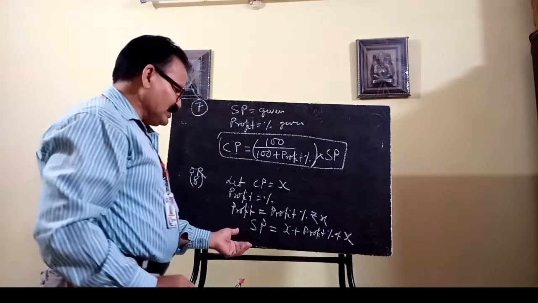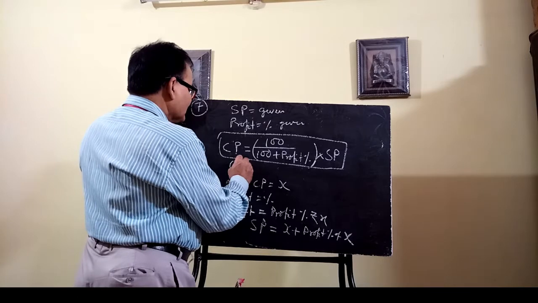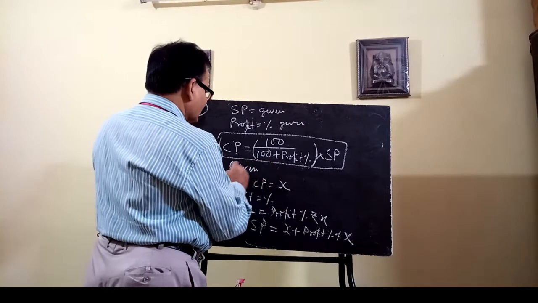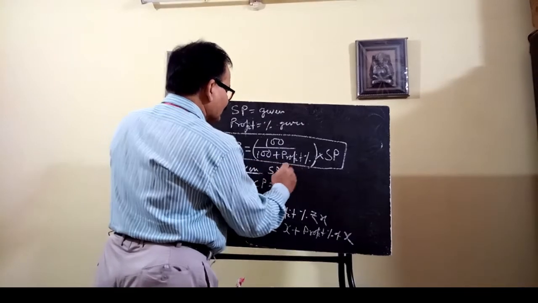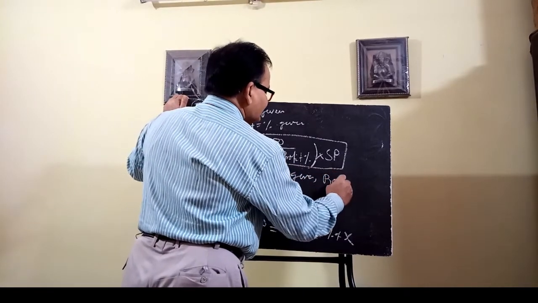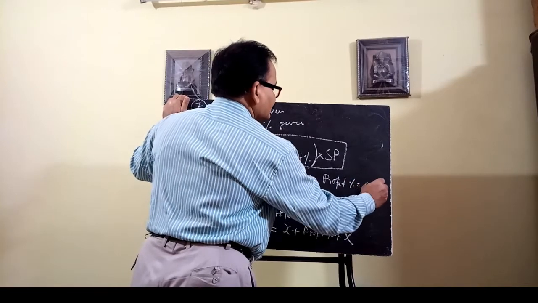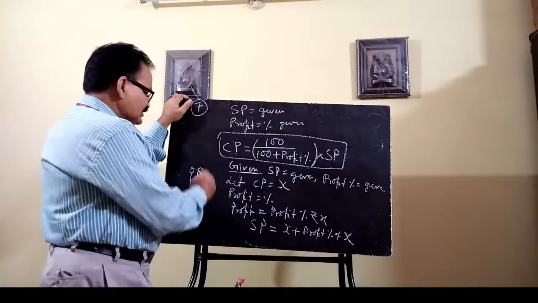So here the given part is your SP and profit percent. So this is the second method.